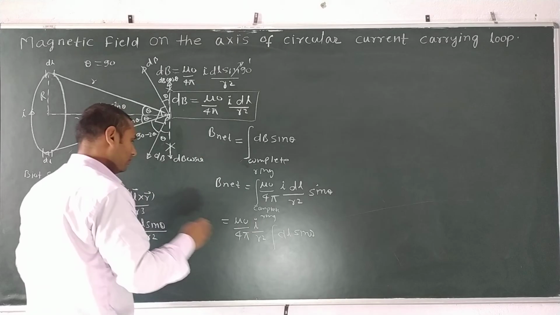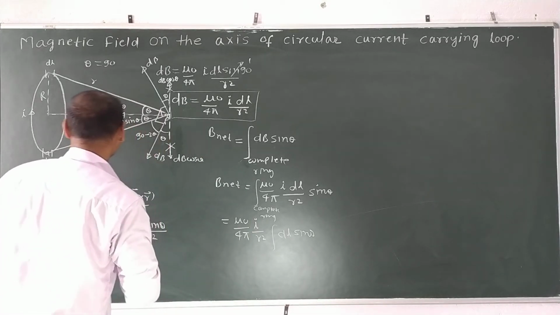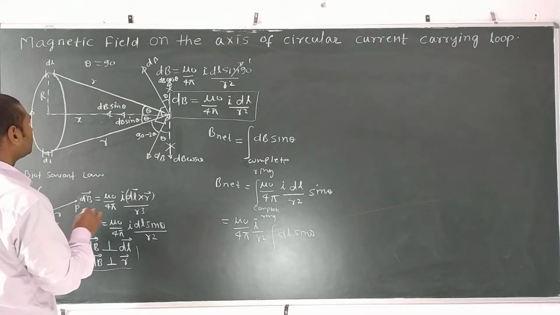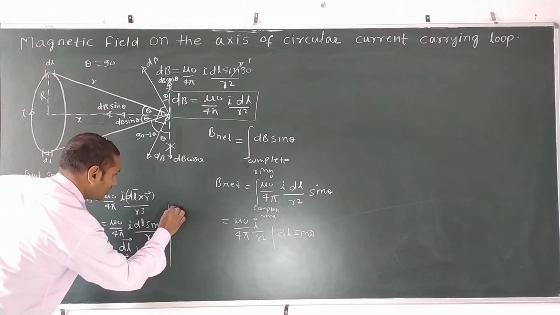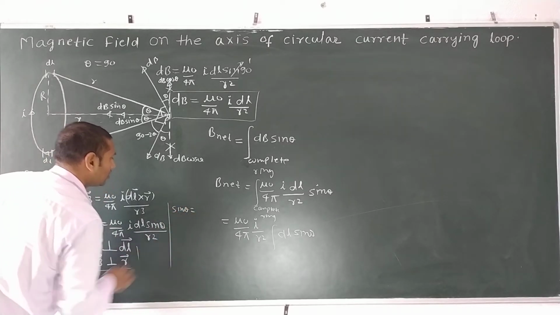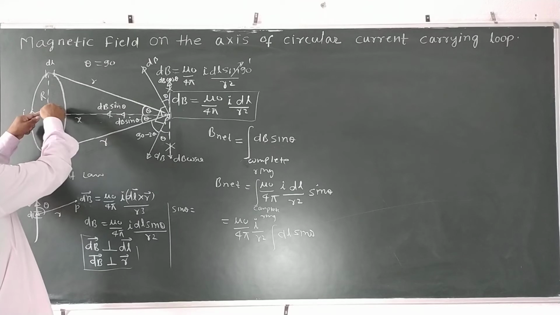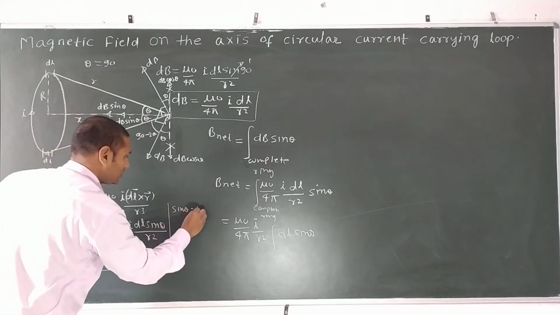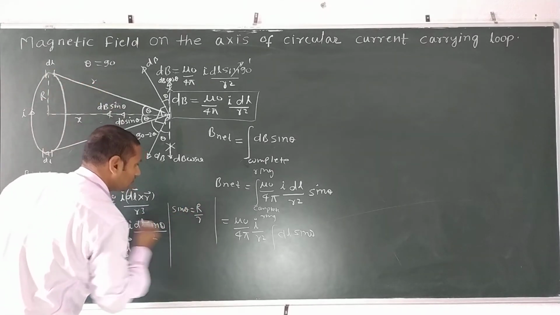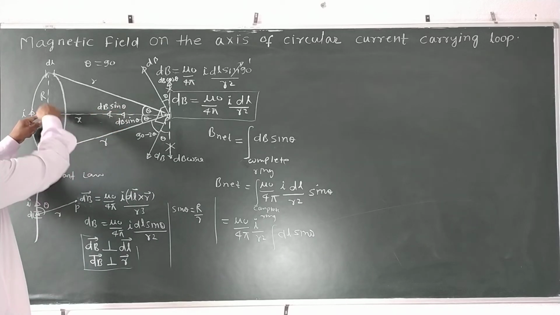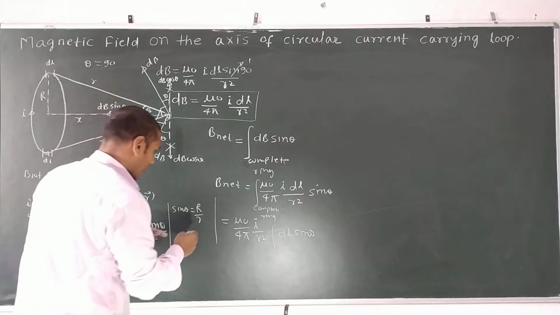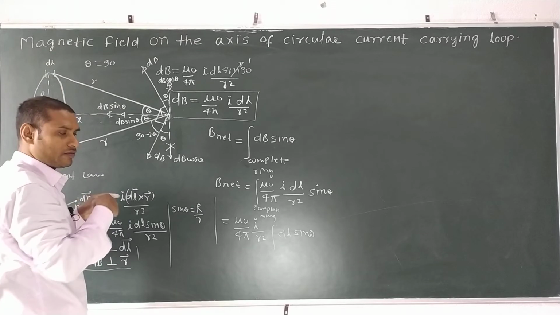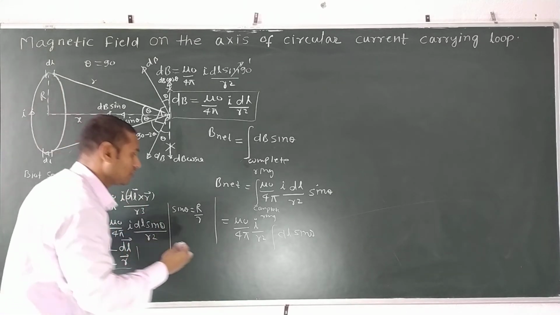Okay, the value of sin theta: sin theta means perpendicular upon hypotenuse, that is capital R upon small r. So R is the radius of the ring, so it is also constant, so it will also come out.